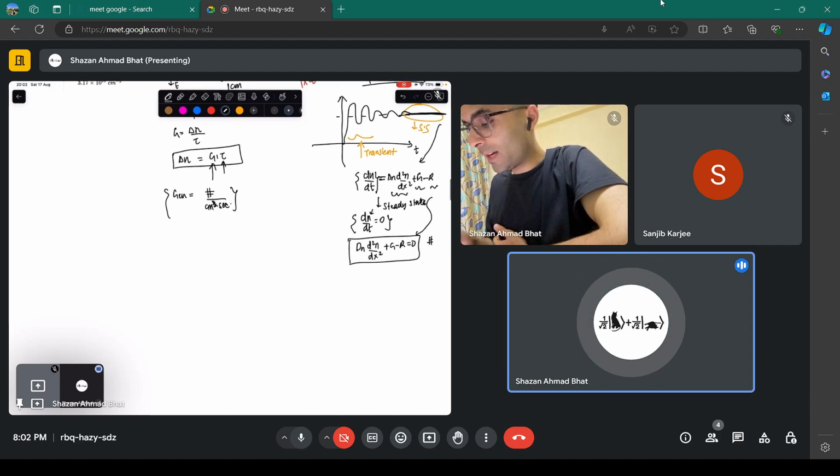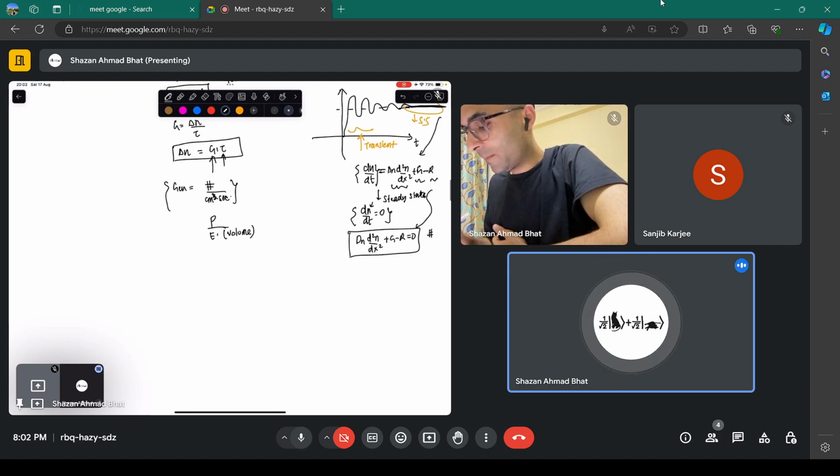You can write it in terms of power over energy times the volume. This comes from power equals energy over time, so time equals energy over power.